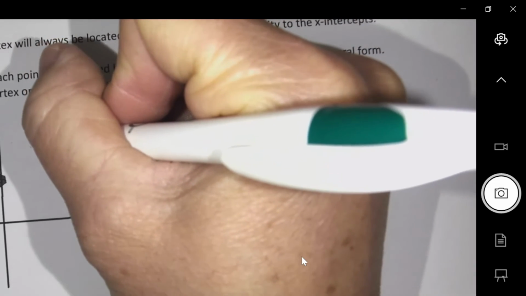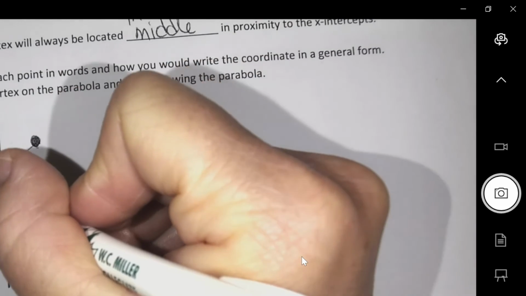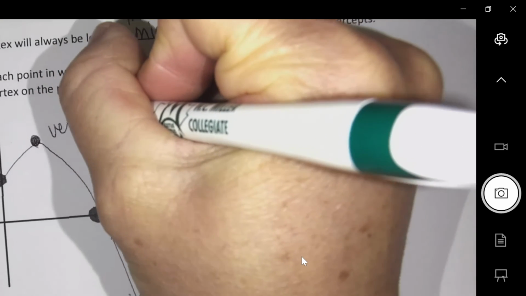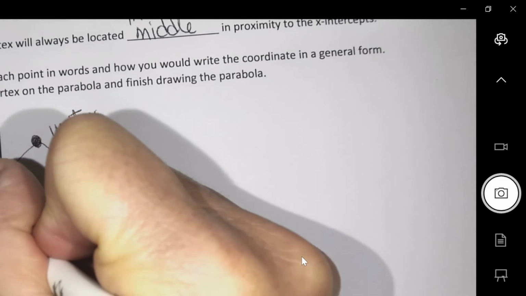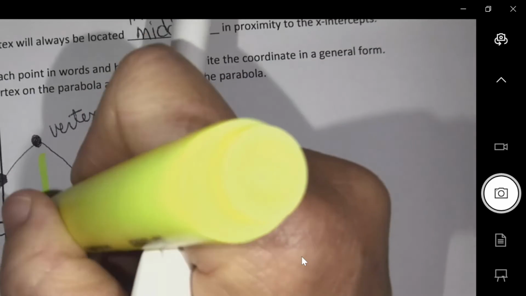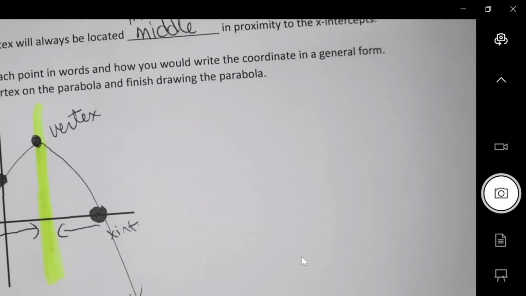Right about here is where I'm going to place it. So now I'm going to label it a vertex. Did we notice that the vertex is central, in the middle of those x-intercepts? Do you visually see all these things connecting?